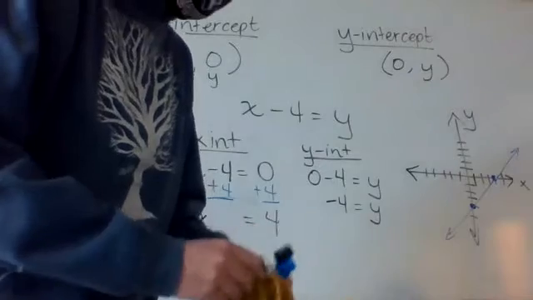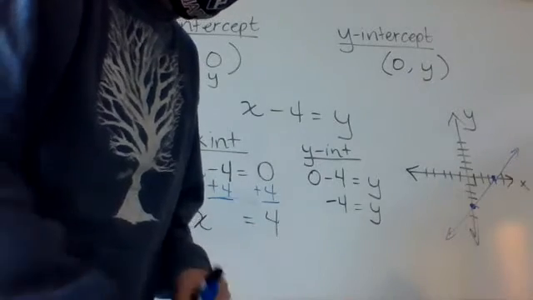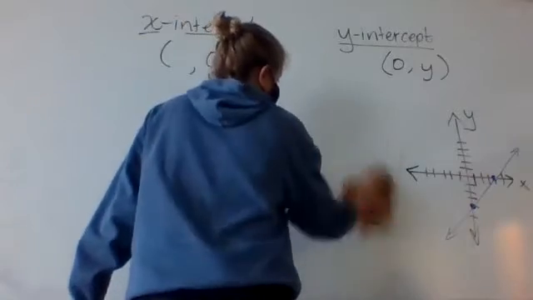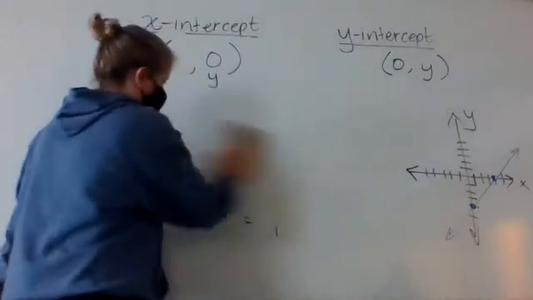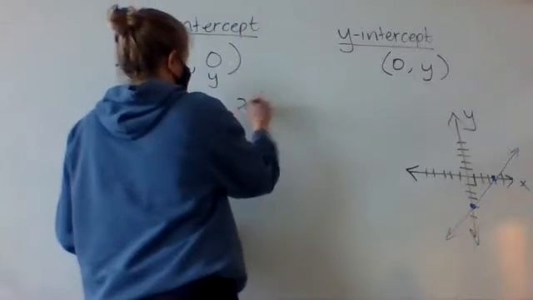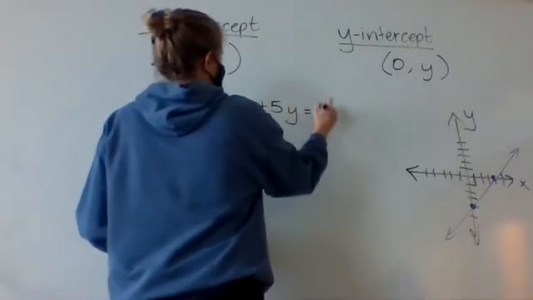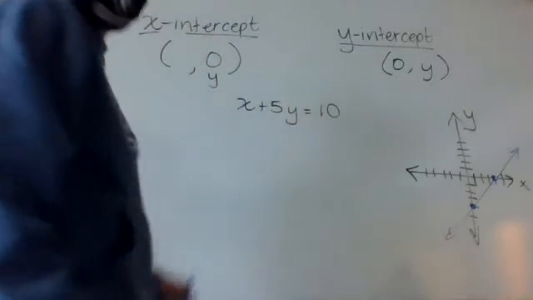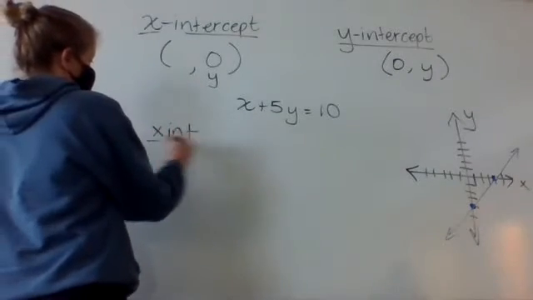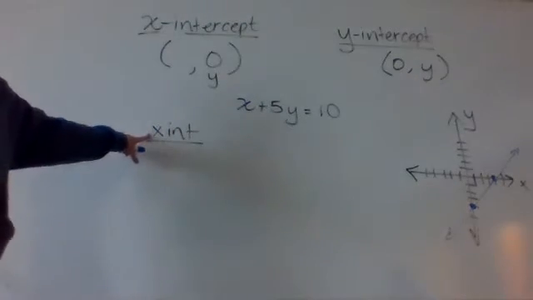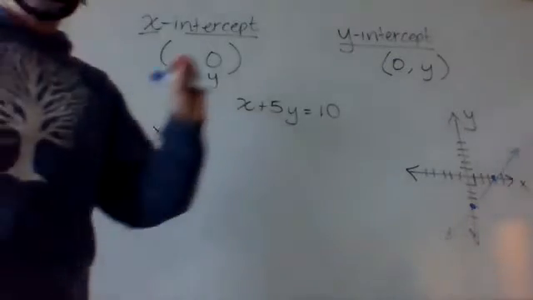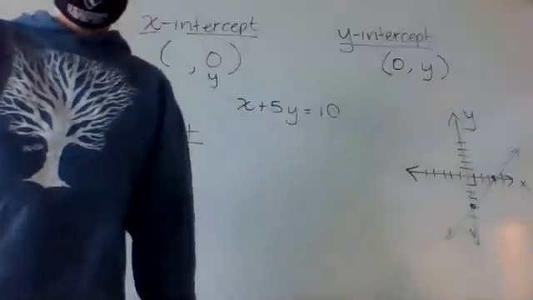Okay, number 2 is the same way. x plus 5y equals 10. So whatever intercept you're finding, which I'm going to find the x first, plug in the 0 in the other letter.